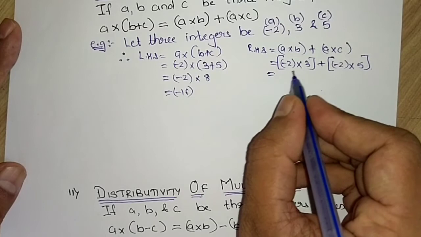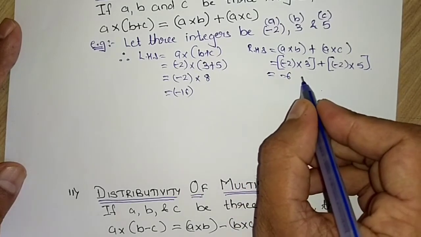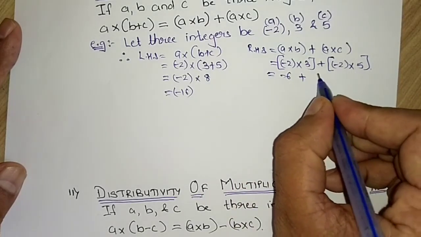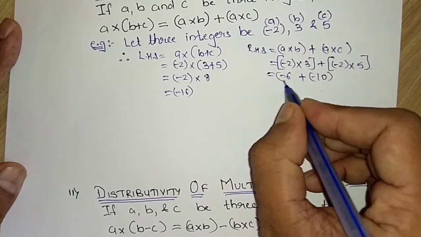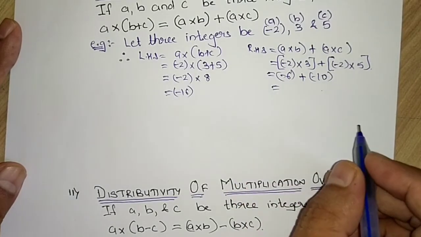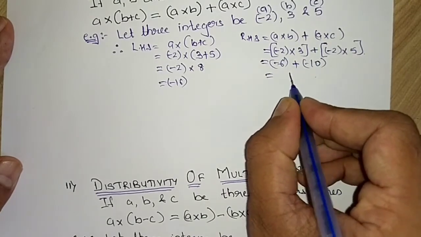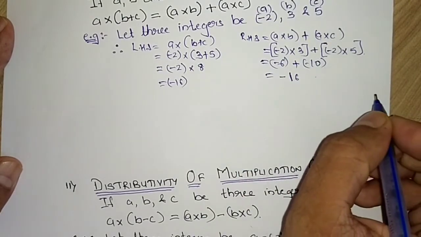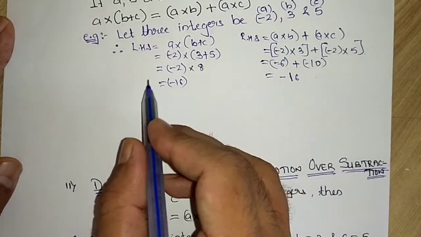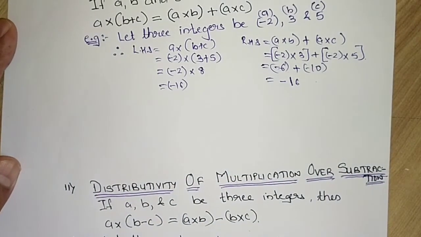Your answer is 2 3s are 6 and minus sign, plus 2 5s are 10 and minus sign. Now adding two integers with the same sign, you know, add them, 16, and put the same sign. You get LHS is equal to RHS.